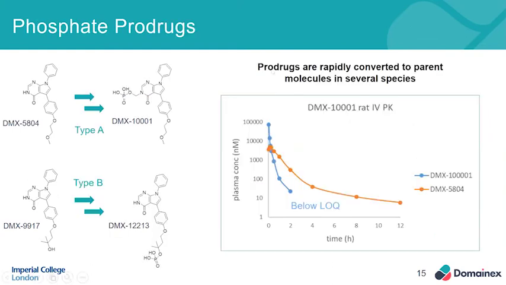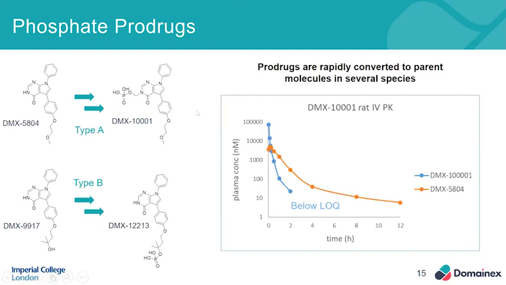The next stage was to convert these 2 molecules to the corresponding prodrugs. DMX5/4 was converted to DMX10001, and DMX9917 was converted to 12213. We evaluated these with some in vivo PK experiments to show that the compounds could be rapidly cleaved to the corresponding parent molecules.